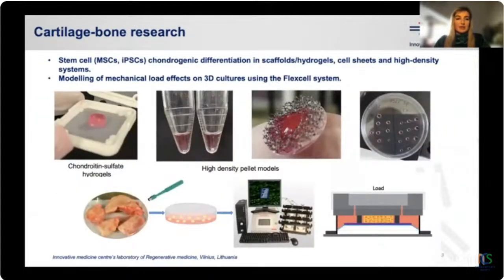So in our laboratory, we're working with stem cells, as I already mentioned, and we are applying different types of hydrogels and scaffolds. Here you can see the chondroitin sulfate-based hydrogels that we were mixing together with cells and trying to stimulate their chondrogenic potential. And applying the mechanical load, the cells actually produced collagen networks and other cartilage extracellular matrix proteins more frequently.